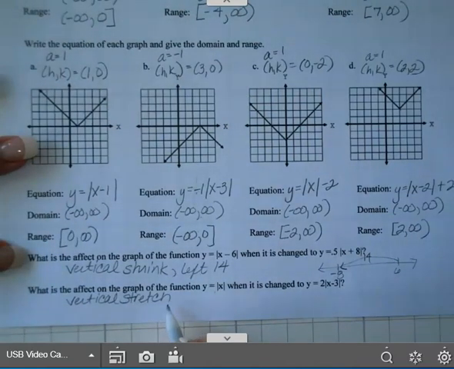It decides if it's going to open up or down, if it's reflected over the x or not, if you have a negative. So I have a vertical stretch on this one, and it started at 0, 0, and it ends up at 3, 0 for my vertex. So this graph has moved 3 units to the right.